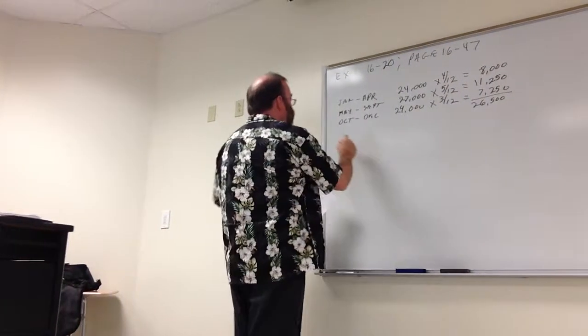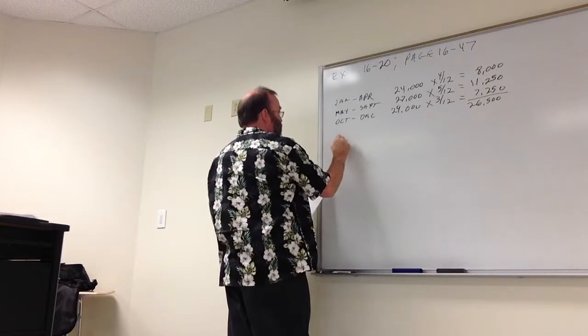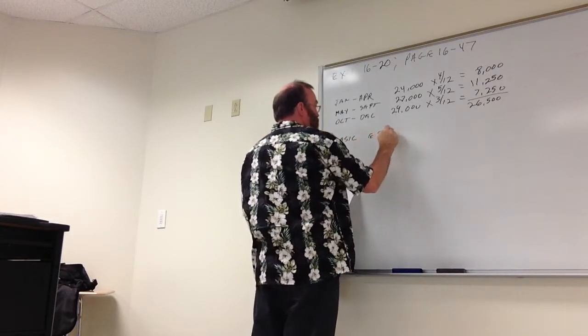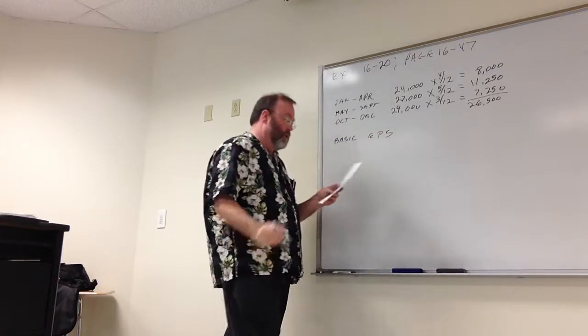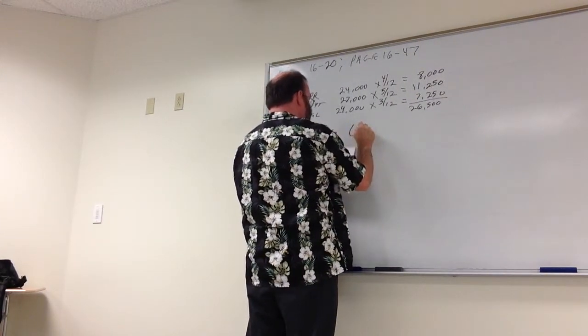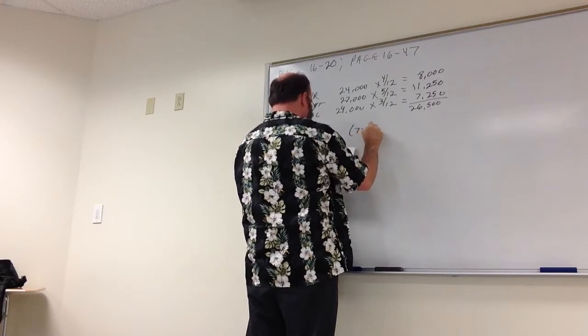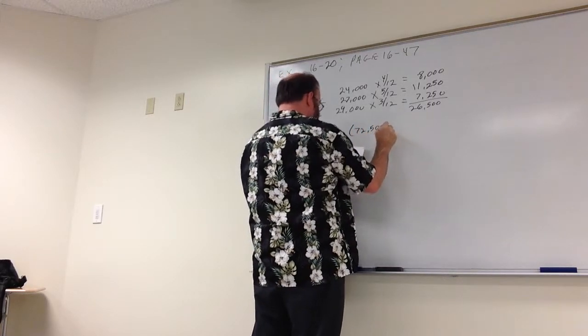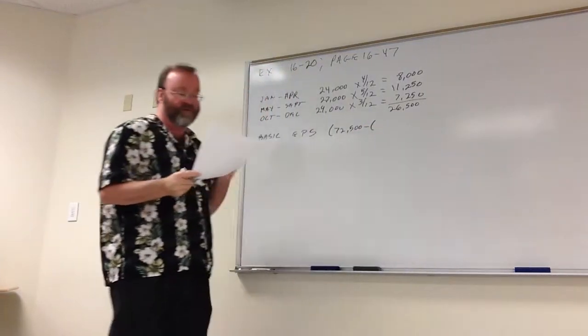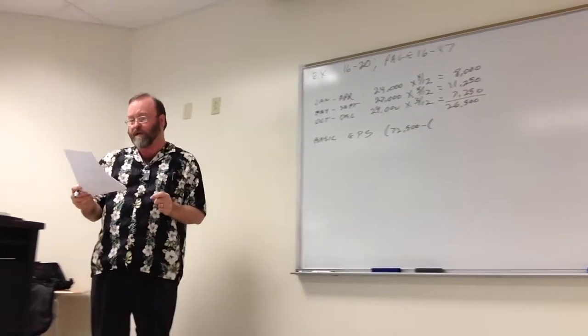All right, basic earnings per share. We're going to take the 72,500 and subtract from that the preferred dividend.